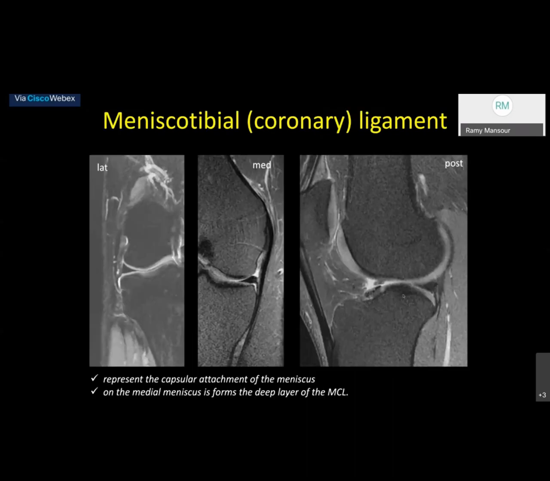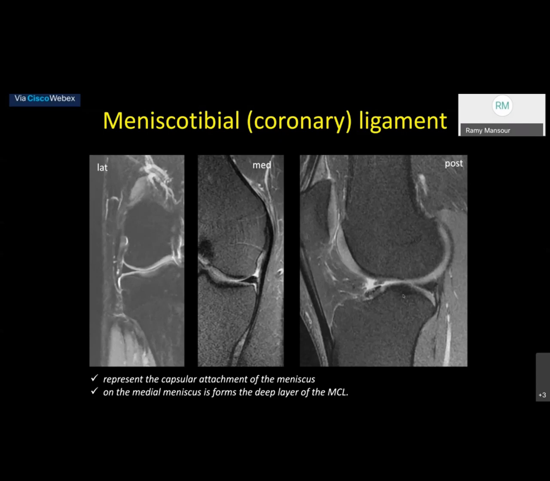The next important attachment of the meniscus to the tibia is what we call the meniscotibial ligaments. They have another name: coronary ligaments. The reason they're called coronary is that they are circumferential. They go all around the menisci and tibia like a corona, so they are circumferential, not just medial and lateral.